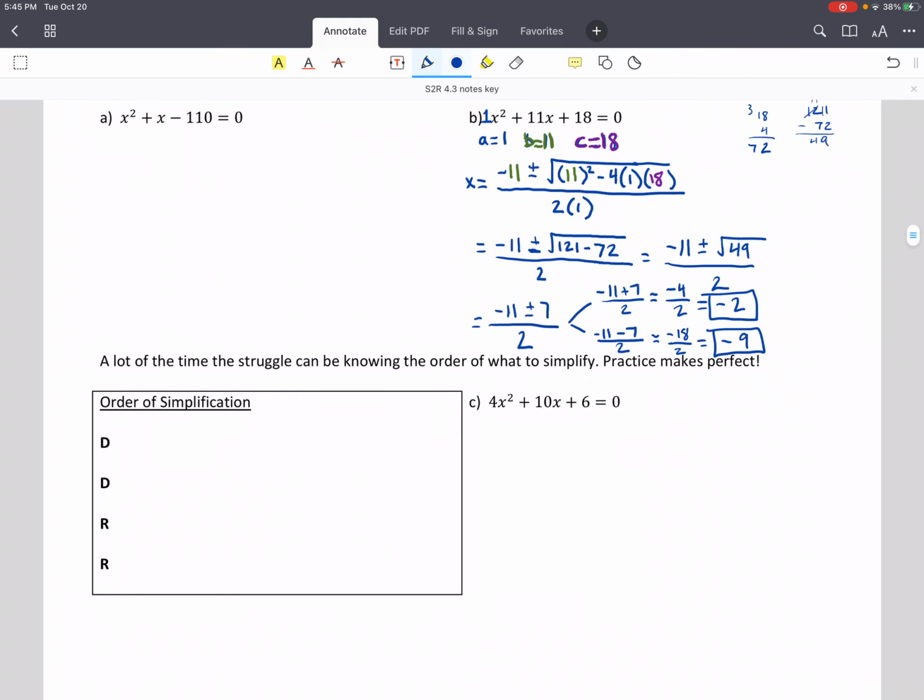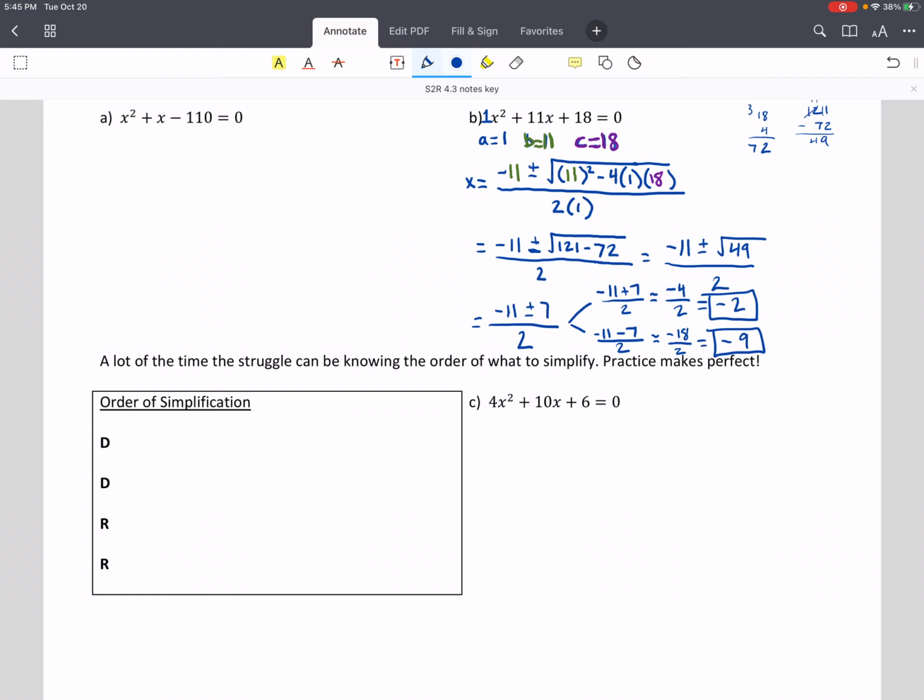So I understand, this is not my first rodeo, as they say, where I've been around the block teaching this a little bit before, and I know what gets people confused. You can plug stuff in great, and you guys are so good at that, but it's the order of knowing what to simplify. What comes next? What's the next step? I totally understand that can be really hard to figure out.